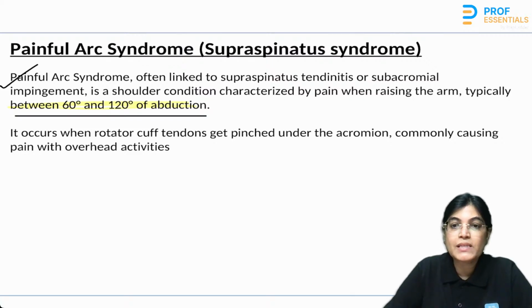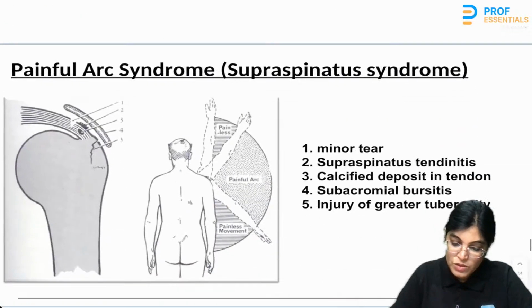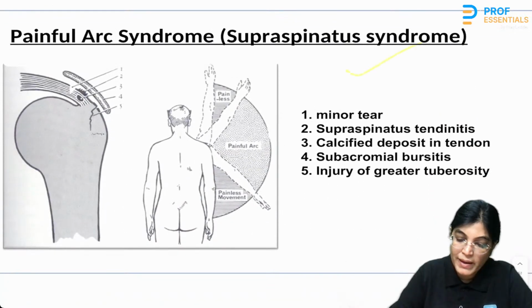Compression of the supraspinatus muscle tendon can be seen below the acromial process. There can be other reasons like supraspinatus tendinitis, calcific deposit in the tendon of the supraspinatus muscle, subacromial bursitis, and also injury to the greater tubercle of the humerus. So these are the causes of painful arc or supraspinatus syndrome which have been mentioned here.